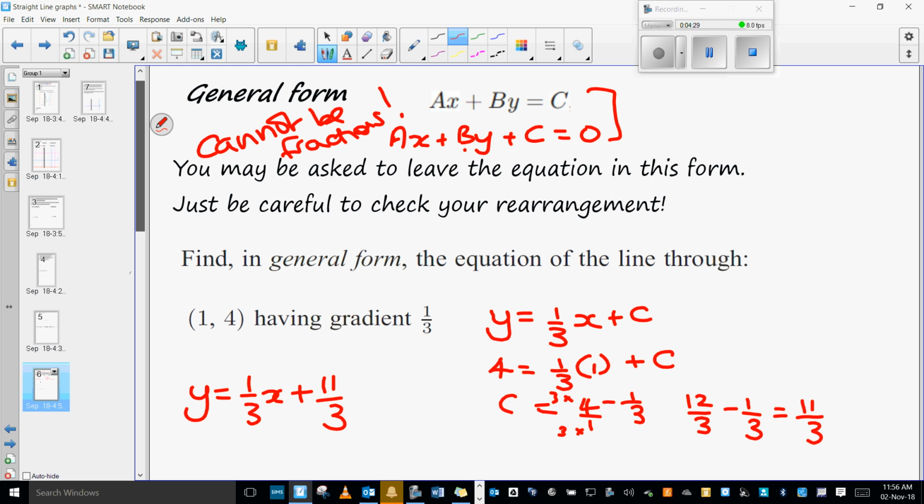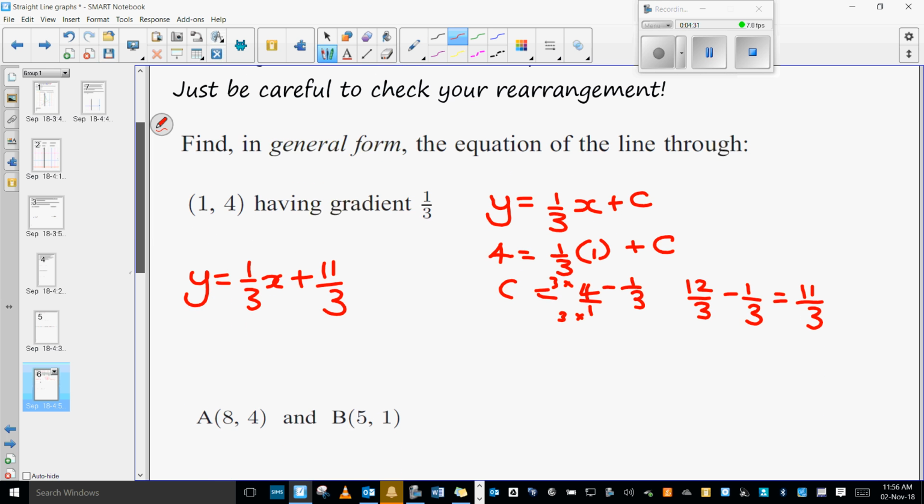Looking at y equals 1/3 x plus 11 over 3, what could we multiply this whole equation by? Cassidy, what do you think? 3. Yes, because this is a third, this is a third, so if we multiply everything by 3, we're going to get rid of the denominator.